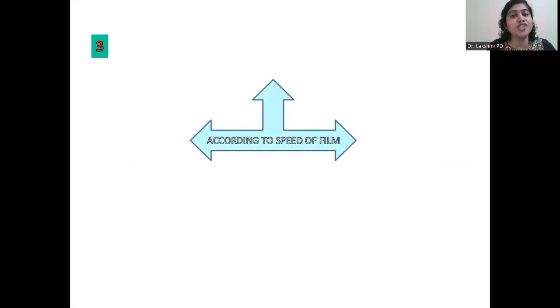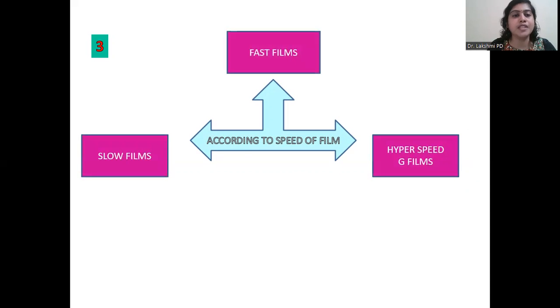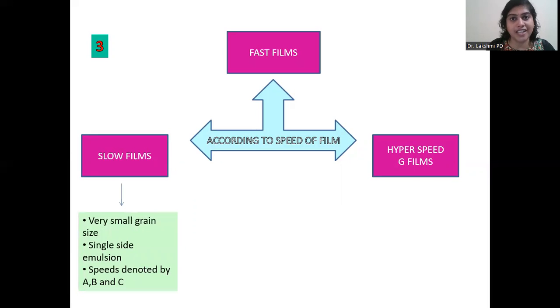The third classification is according to the speed of the film. The speed of the film is determined basically by the size of the silver halide grains in your emulsion. All this will be dealt with in the coming slides. So according to the speed of the films, you've got slow films, fast films, and hyperspeed G films. In slow films, the silver halide crystal size is much smaller, and they are usually denoted by the letters A, B, and C. According to the layer of the emulsion, these slow films usually have only single-sided emulsions.